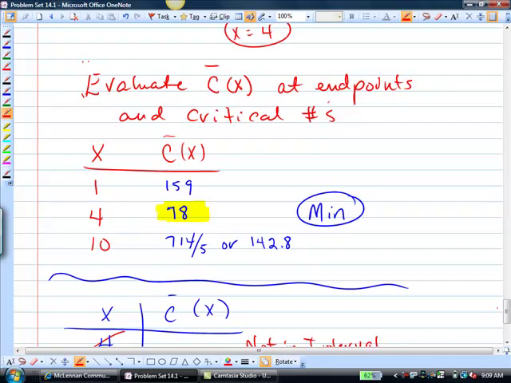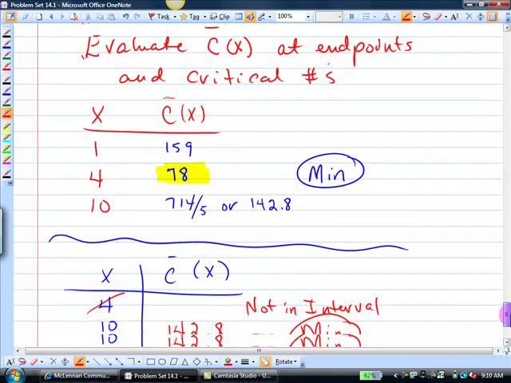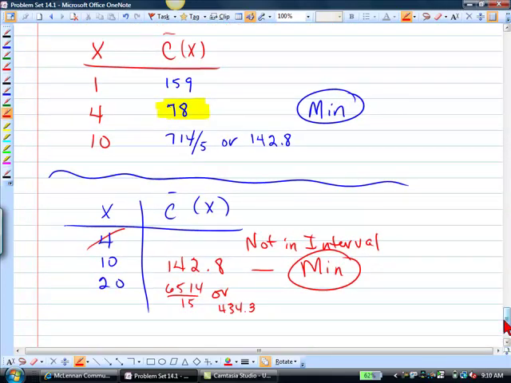So if you guys would do that, we'll get the last part of that question done. You should find that 10 is the minimum.